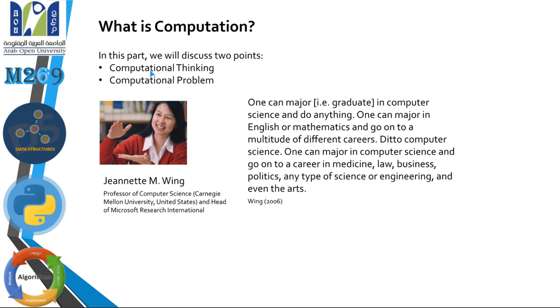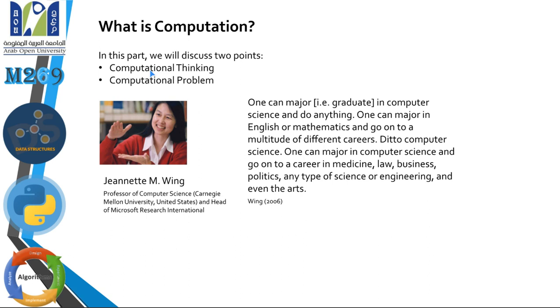Janet Wing is a professor at Carnegie Mellon University in the US. She said in one of her interviews that one can major, that is, complete the study, in computer science and do anything.